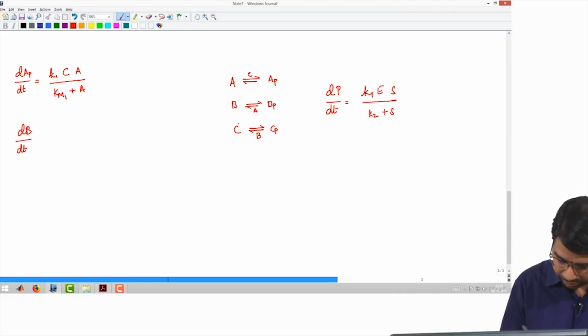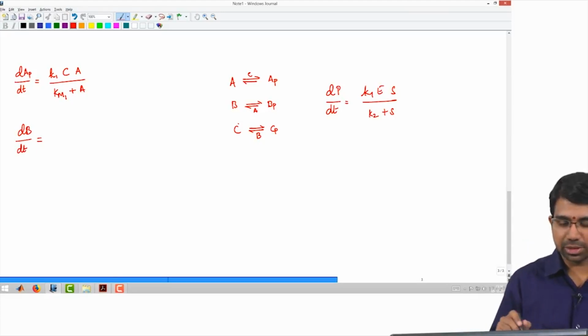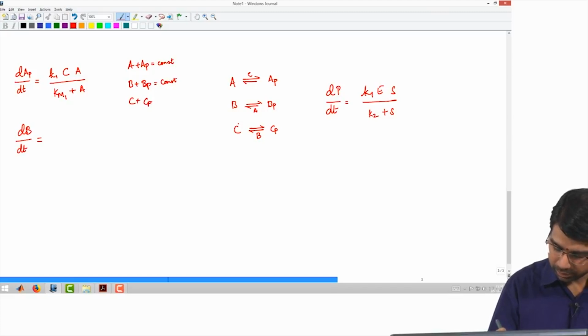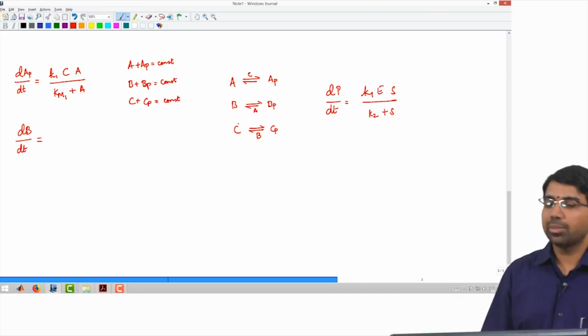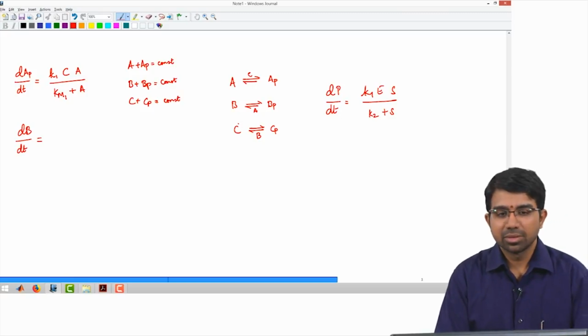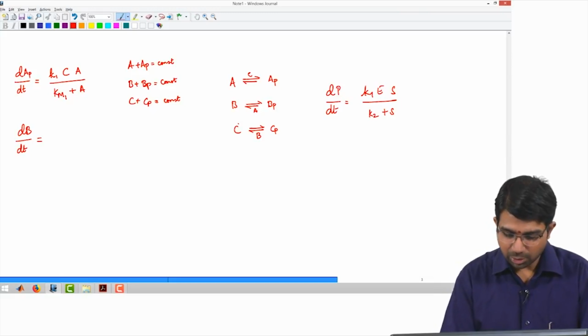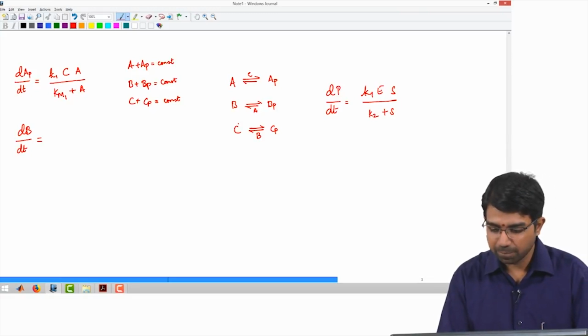dB by dt, remember we have conservation equations. What are your conservation equations? A plus AP is initial. Right, which means dA by dt is minus dAp by dt, as simple as that. Okay, so, what is dB by dt here?